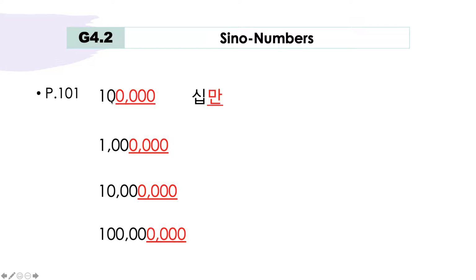But you have this 10 in front of 4 zeros. That's why you say 10만, right? And can you guess the next one? Yes, it's 100만. And of course, the next one is 1000만. And after 1000만, we have another unit, which is 억.